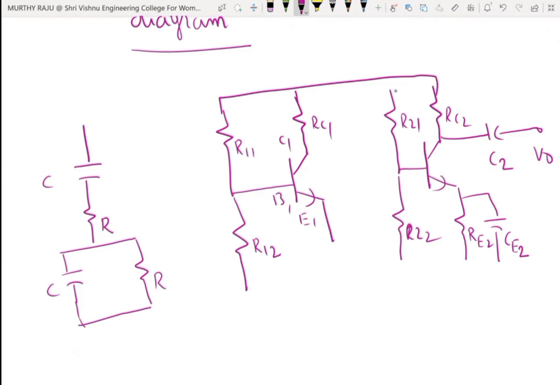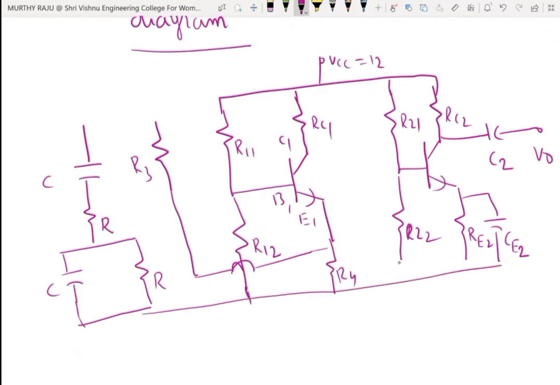All are connected here. This one is VCC equal to 12 volts. Here we use some negative feedback, that is R3. This R3 is connected, and this one is R4.